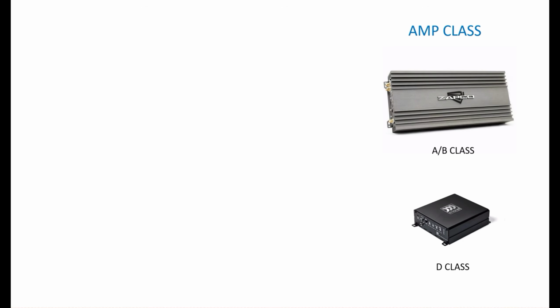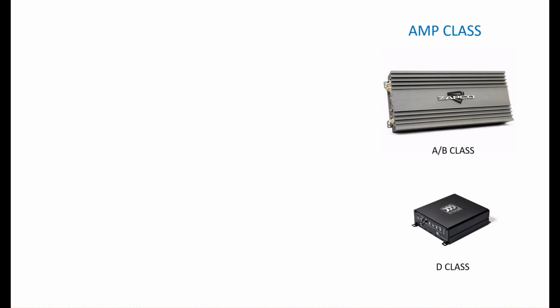But very quickly, an AB class amp is an analog unit. It processes the line signal using analog, and a D class amp processes the line signal using digital. As a result, they operate differently and their characteristics are different.